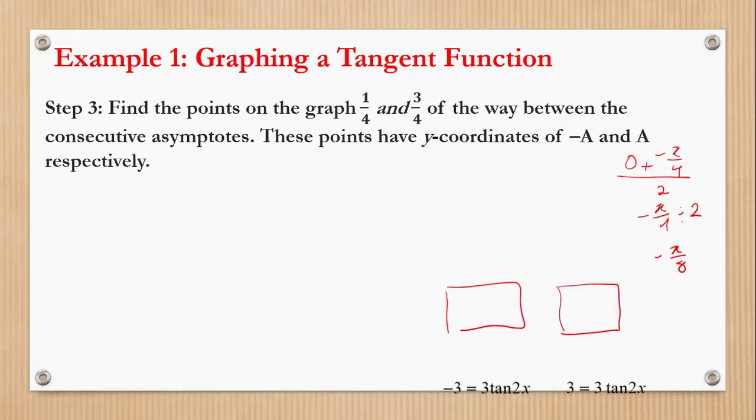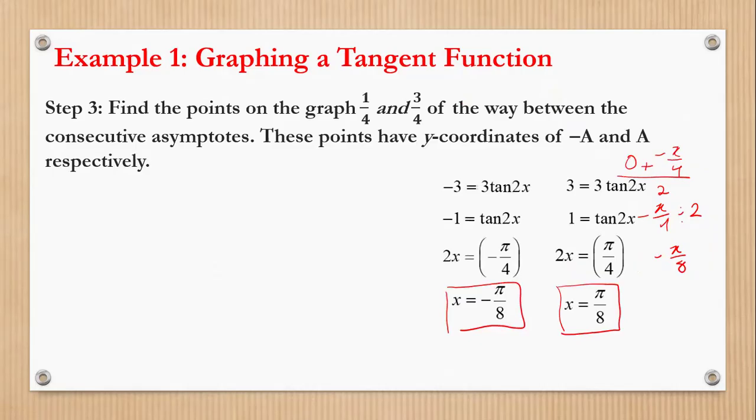In this method, we know that the y coordinate of those 2 points is always negative a and positive a. And since in this equation a is 3, we know that the coordinates of these 2 points are negative 3 and positive 3.